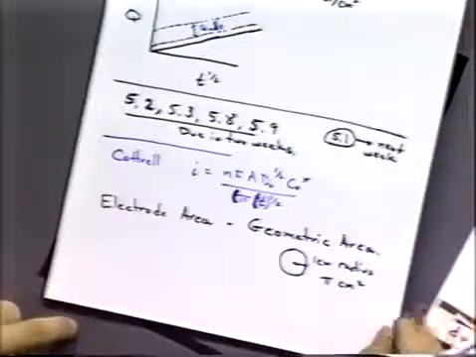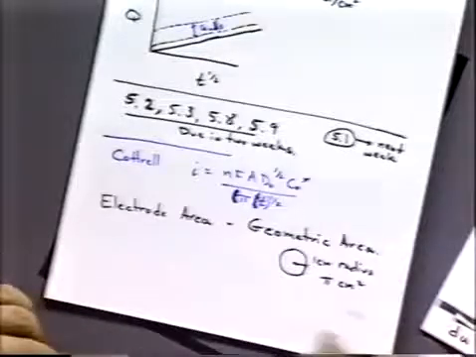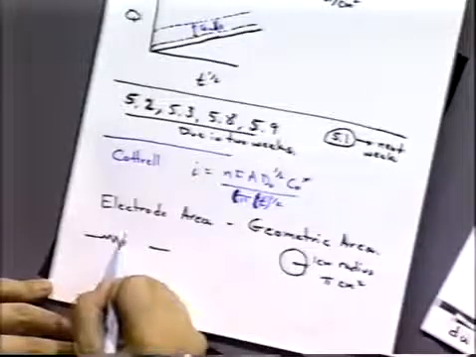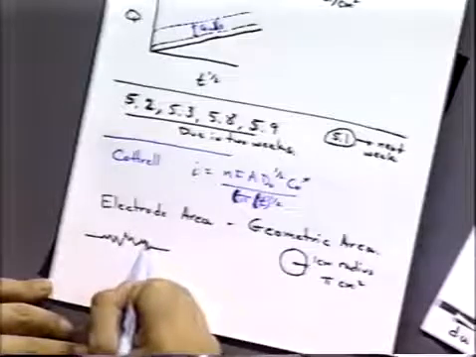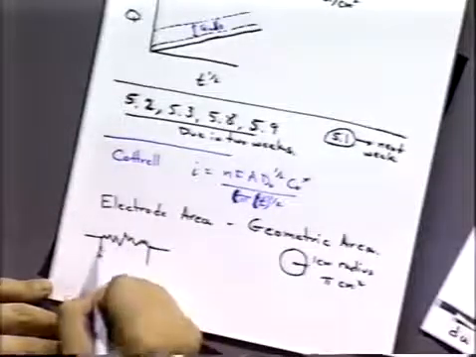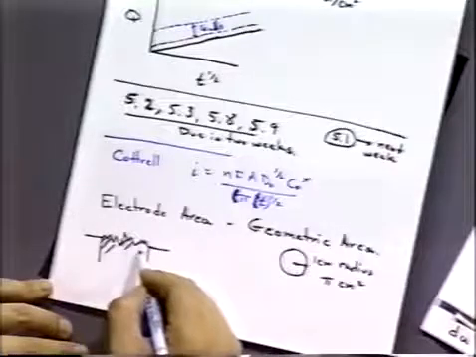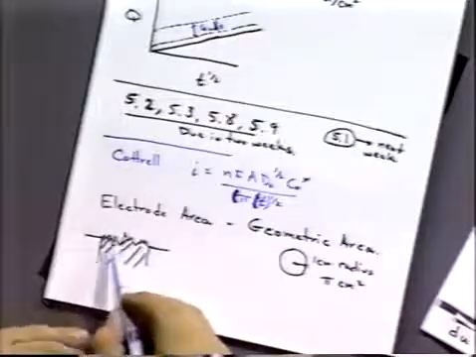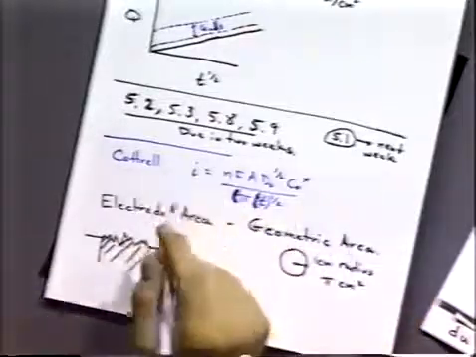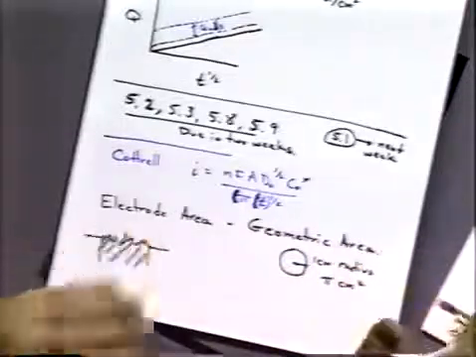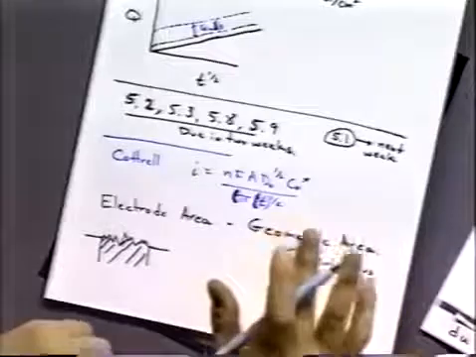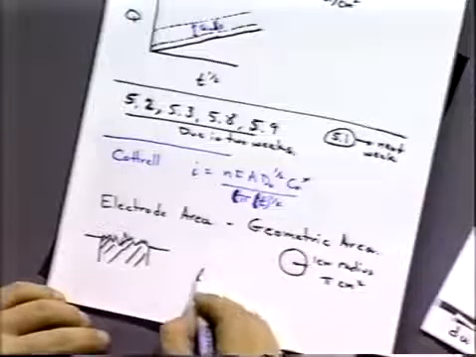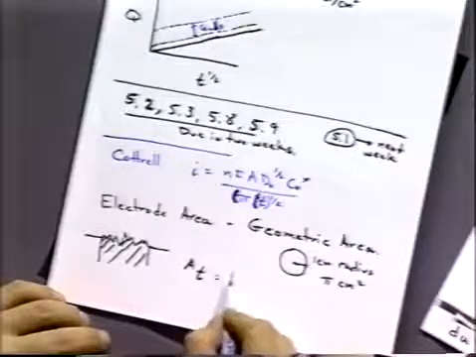But if we actually looked at that electrode, perhaps it's not so simple, because we could think about that electrode being microscopically rough, depending on how well we've made our electrode and how well we've polished it. We might expect that at very short time scales, the electrode area could be much larger than the actual geometric area. In fact, it's not unusual to see electrodes that are 20% larger than the geometric area because of that. So we might call A_T the true area.